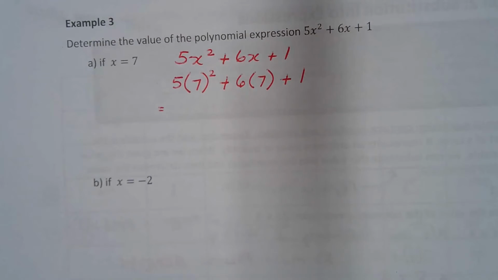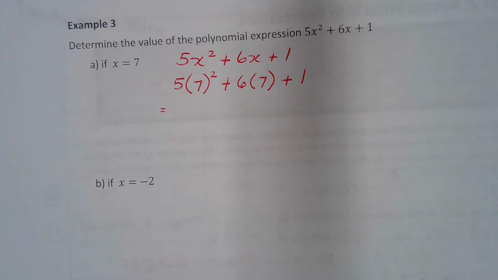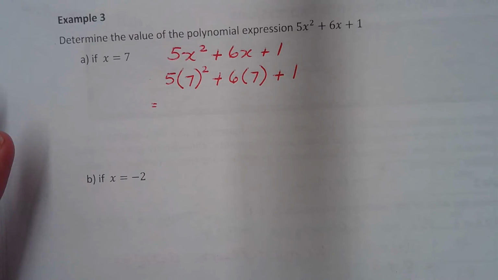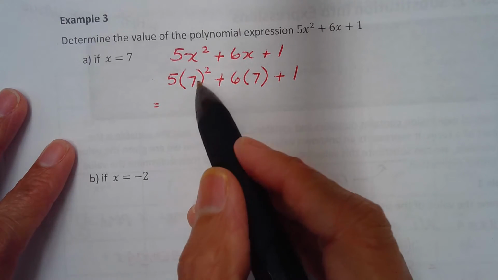According to the order of operations, what do you need to do first? Brackets, but inside the brackets is just 7, so there's really nothing there. What's the next one? Exponent. Where do we see our exponent? The 7 squared.